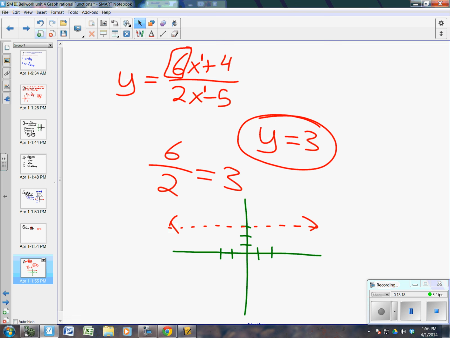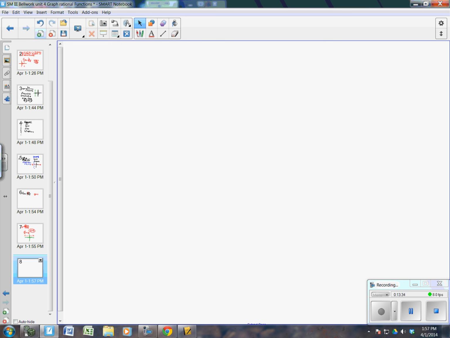Okay, now I'm going to give you a couple of problems that I want you guys to tell me where the horizontal asymptote is. I want you to discuss these in your groups, and then we will talk about them. Here's the first one, number 1.